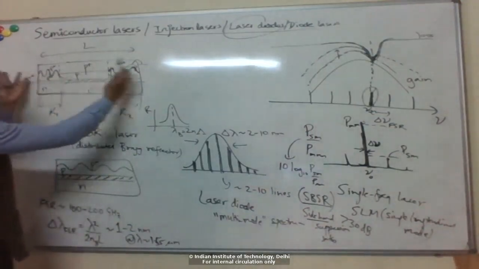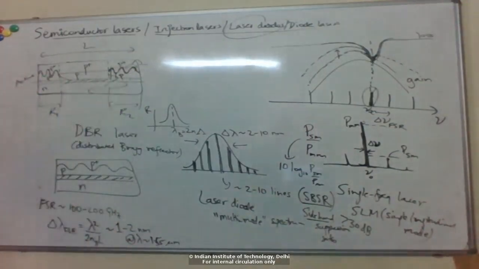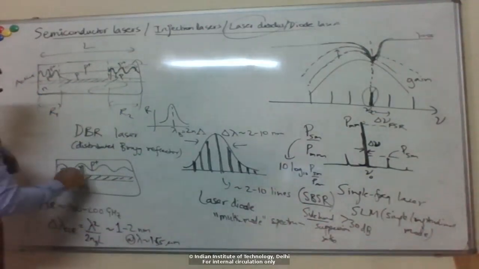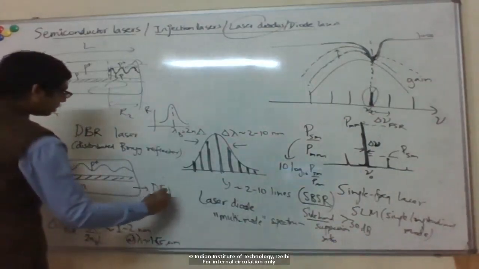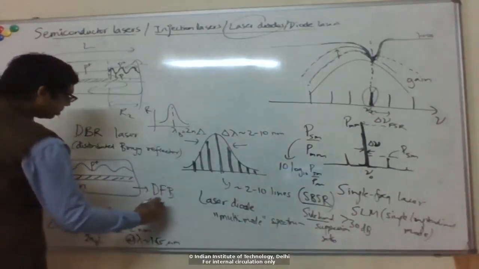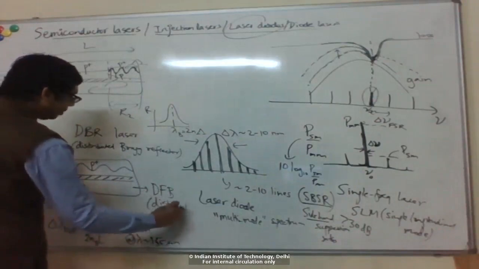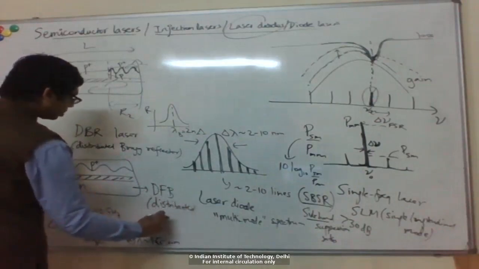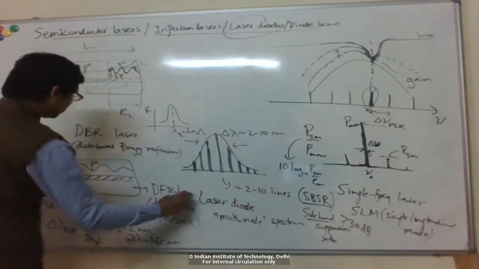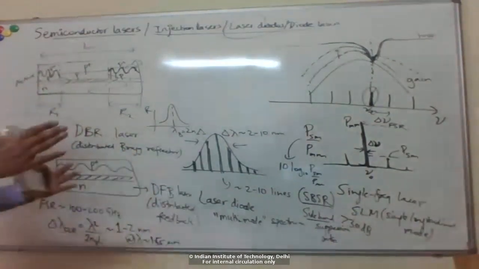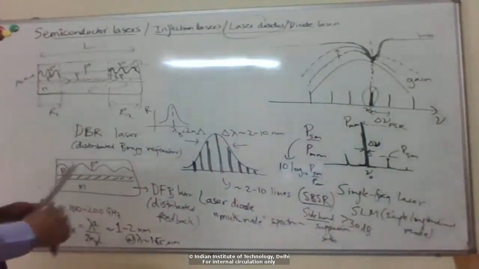This way your device also has to be longer. You can just distribute the reflection over the cavity length itself. So this is known as a DFB, or distributed feedback, laser.